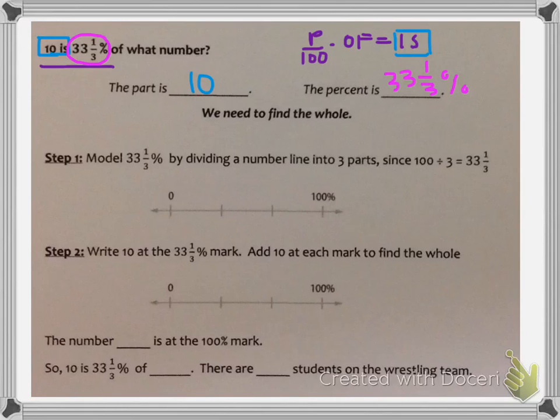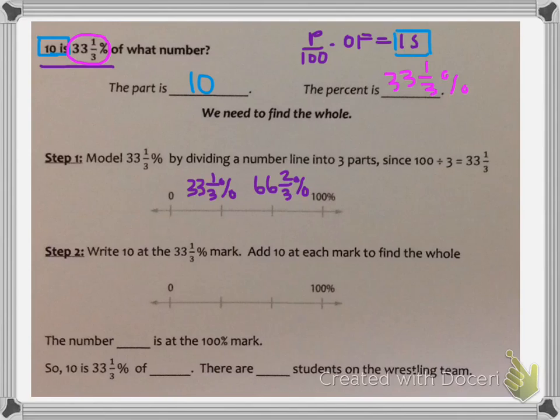And then we're going to label the benchmark percent of 33 1/3% and its multiple. So 33 1/3% here, and then we have 66 2/3% here. So that's how our number line is going to be set up.